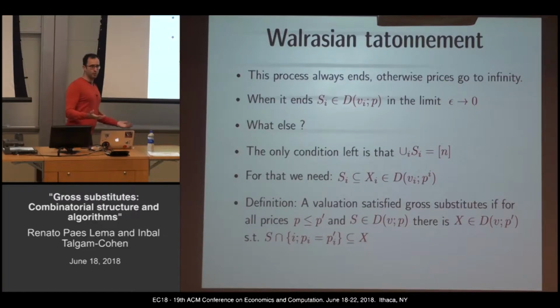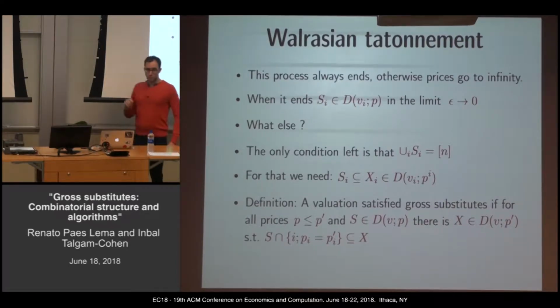It's maybe not like bread and butter, for example. Maybe if now the price for butter increases, all of a sudden you don't want bread anymore. So a valuation is gross substitutes if, given two vectors of prices, if you wanted those goods at the lower prices, whenever the price of some goods increases, you still want, in some set, the goods for which the price didn't increase.